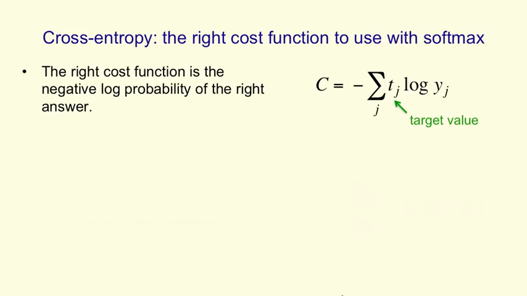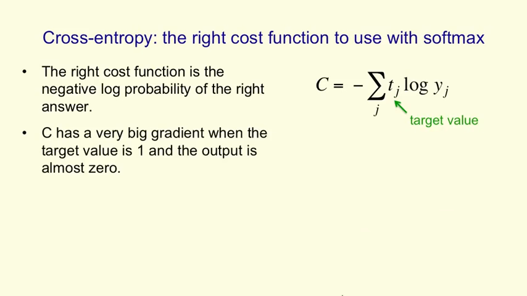So if one of the target values is a 1 and the remaining ones are 0, then we simply sum over all possible answers. We put zeros in front of all the wrong answers, and we put 1 in front of the right answer, and that gets us the negative log probability of the correct answer, as you can see in the equation. That's called the cross entropy cost function.